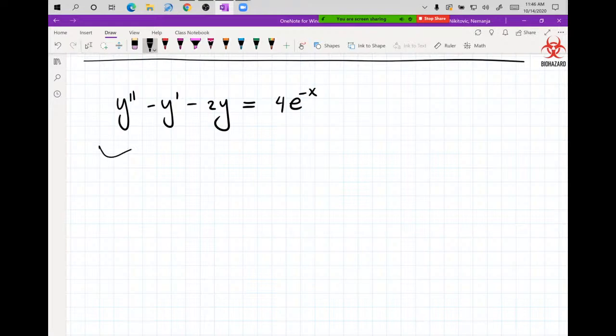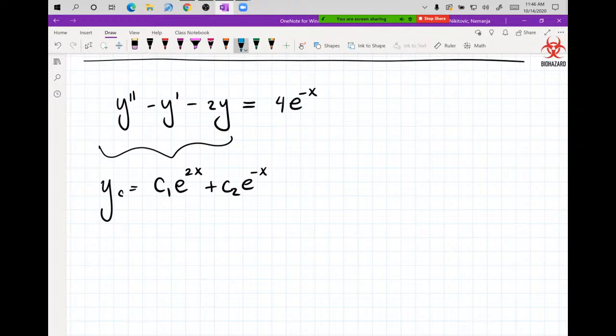So this portion here does not change. Your y complementary is still c1 e to the 2x plus c2 e to the negative x. That's still good. Now, the hell breaks loose on the other end, where we do our undetermined coefficients.